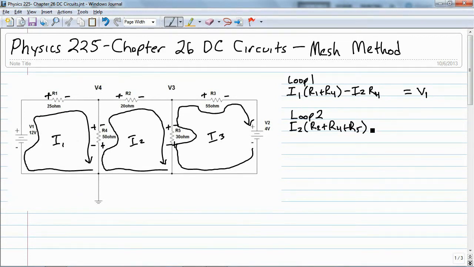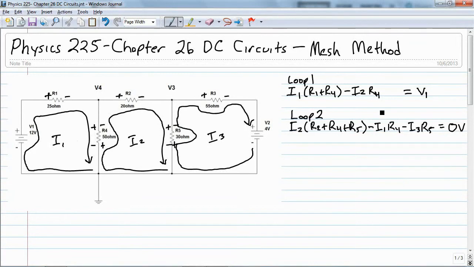So minus I1 R4 minus I3 R5, and that's going to equal, well, there are no potential sources in this loop, so it's equal to 0 volts.